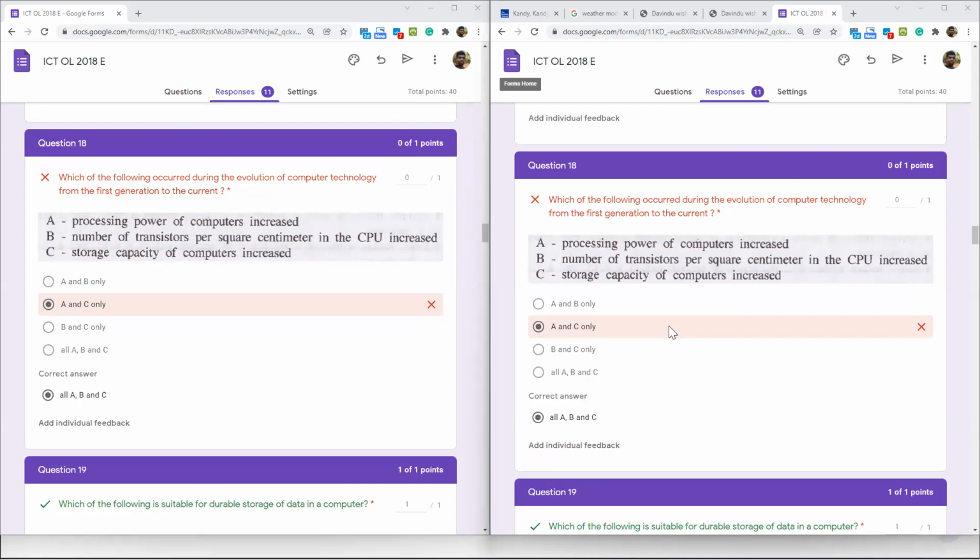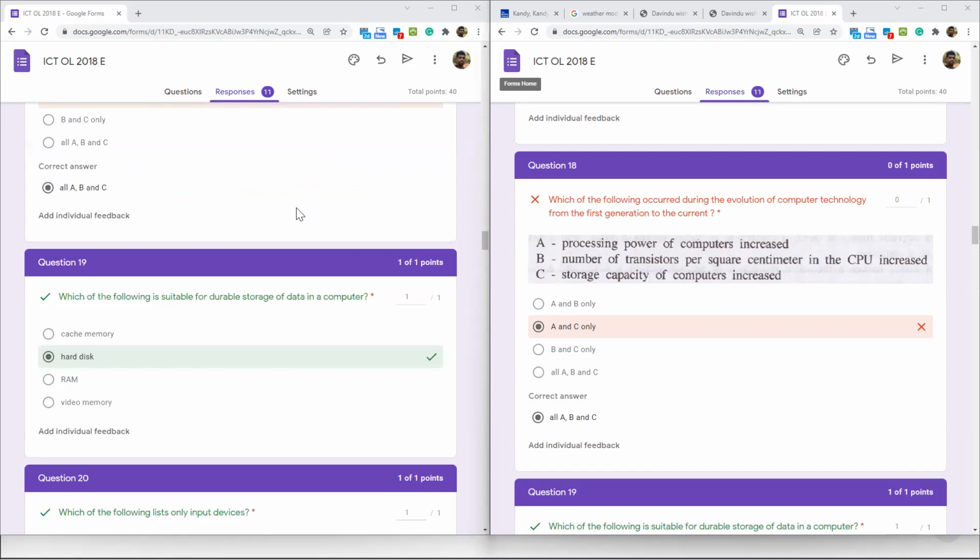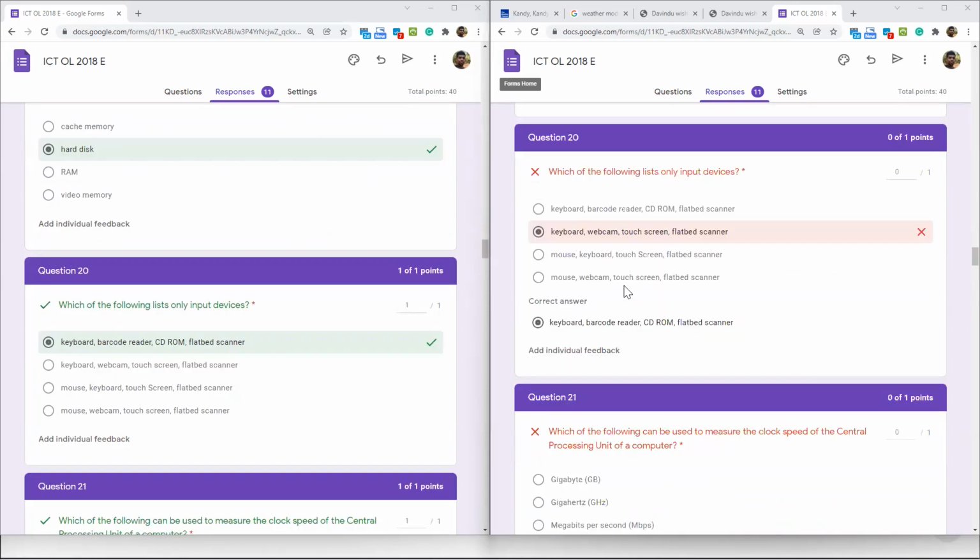Storage capacity of computers increased. Yes, that's also a correct one. Okay, let's move to the next one.